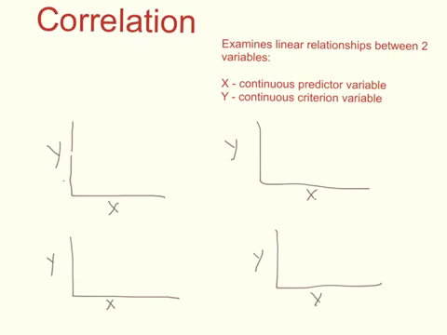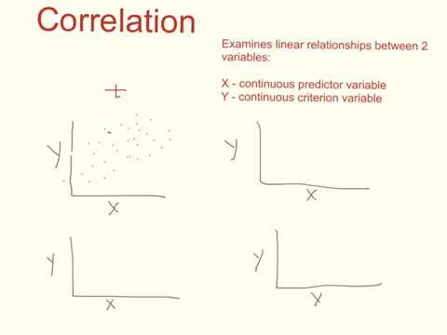Correlation examines the linear relationships between two variables. That's it. All that can happen when we deal with correlation data is we can have a positive relationship, in which case we start to see a trend of as x increases, y increases. So this is a positive relationship.